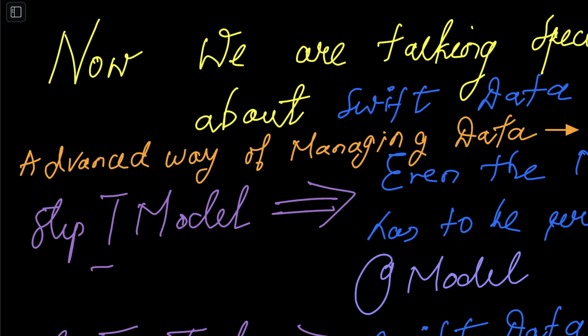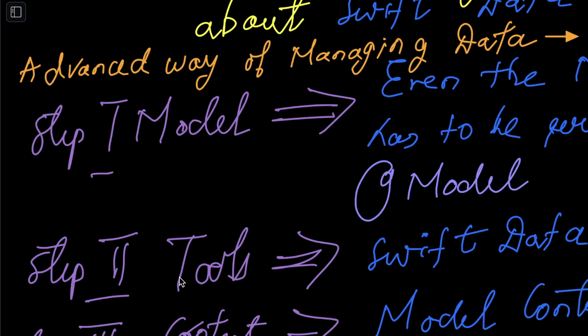Why this is different from a normal struct is because we are now into persistent storage. Remember that structs and everything are all non-persistent, right? That means they are removed after the runtime of the app is closed. But we don't want that to happen. Instead, we want our data to be there, right?